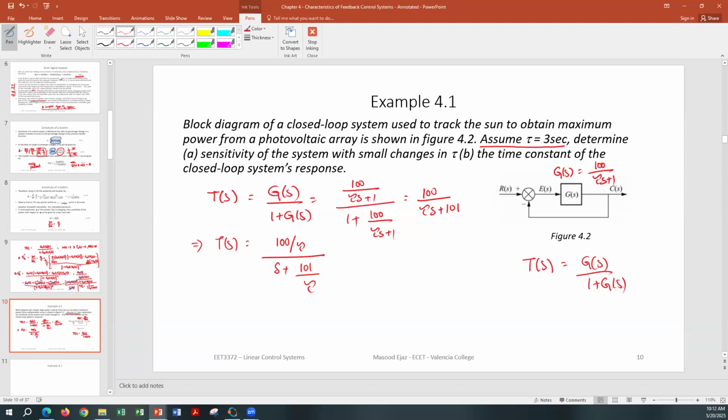Why? Because the closer it is, 1 over that value is going to be larger. If it is farther away from the origin, let's say s is equal to -100, then 1 over 100 is 0.01. E to the power -t over 0.01 takes only 0.01 second for the response to drop to 36% of the peak value.